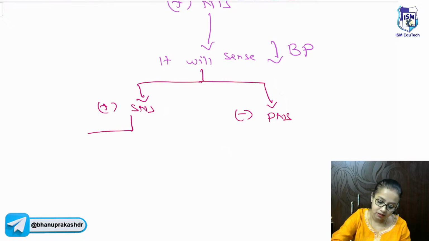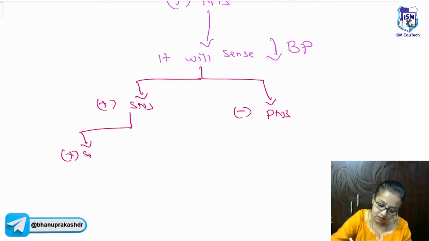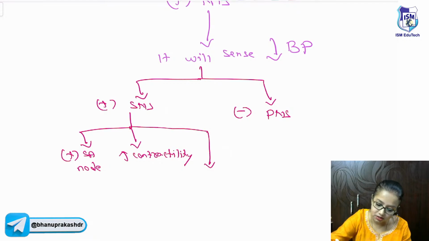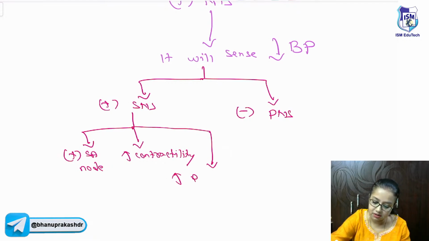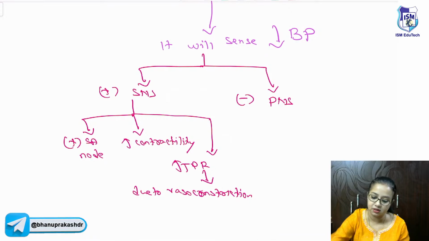So here it will stimulate the SA node, it will increase the contractility, and it will increase the peripheral resistance, leading to vasoconstriction. Due to vasoconstriction, there will be an increase in the total peripheral resistance.